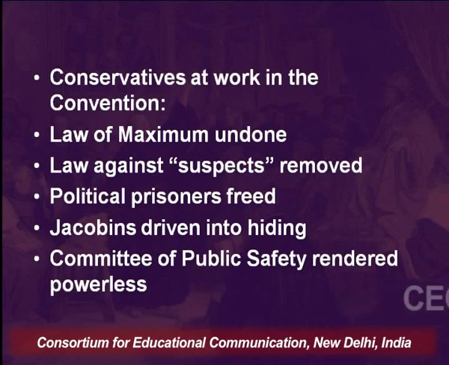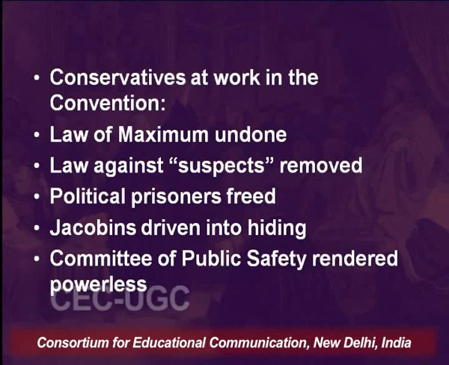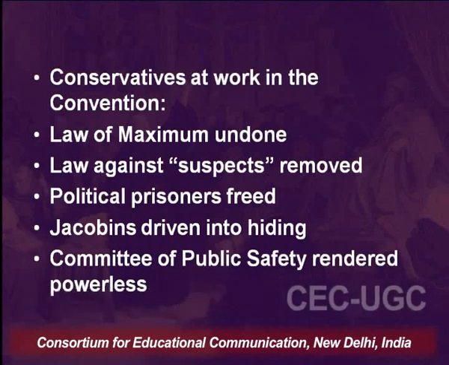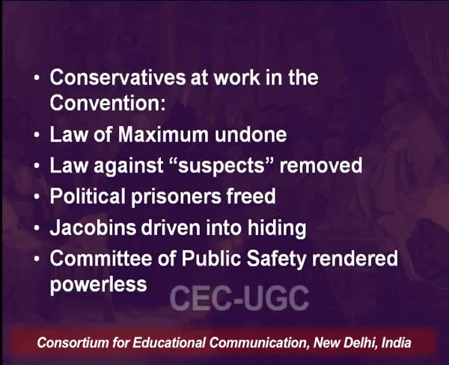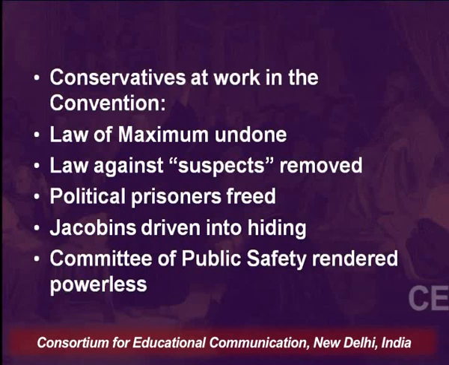So as you can see on your slide, the law of maximum was undone because it had failed to curb prices. The law against suspects was removed. Why? Because in the name of being suspicious, what it had yielded is elimination of the entire battery of leadership of the French Revolution, Robespierre included. Now that the conservatives are back at the helm, the political prisoners lodged in different jails were freed, and these political prisoners during the second stage were mostly conservatives or reactionaries, or those who had betrayed a little bit of sympathy for the older order or monarchy.